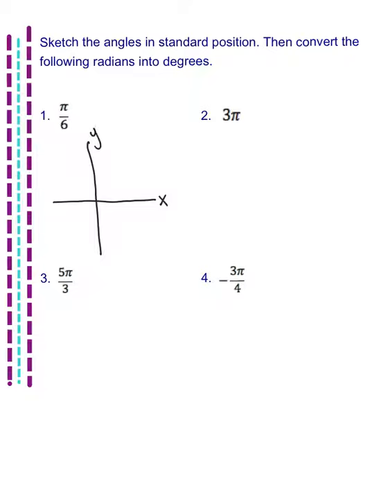So think about, this is 0 degrees and 0 radians. Up here is 90 degrees, or half of a pi. That's pi over 2. And then this is 180 degrees, or 1 full pi. And I'm saying I have 1/6 of a pi.